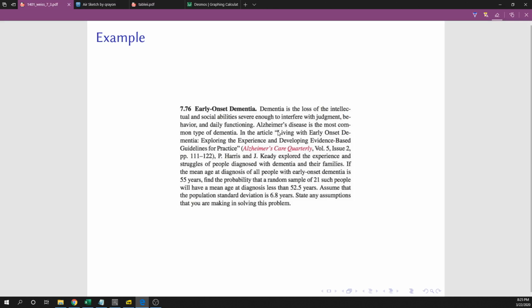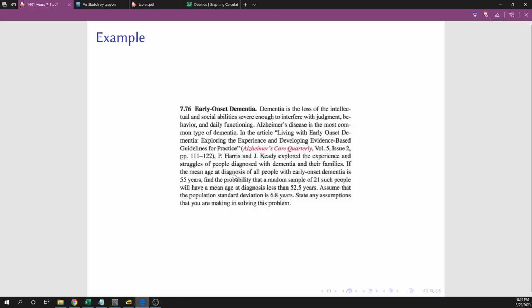All right, so 7.76. Okay, and the mean age at diagnosis is 55. Simple random sample of size 21. So n is 21. Assume that the population standard deviation is 6.8 years.